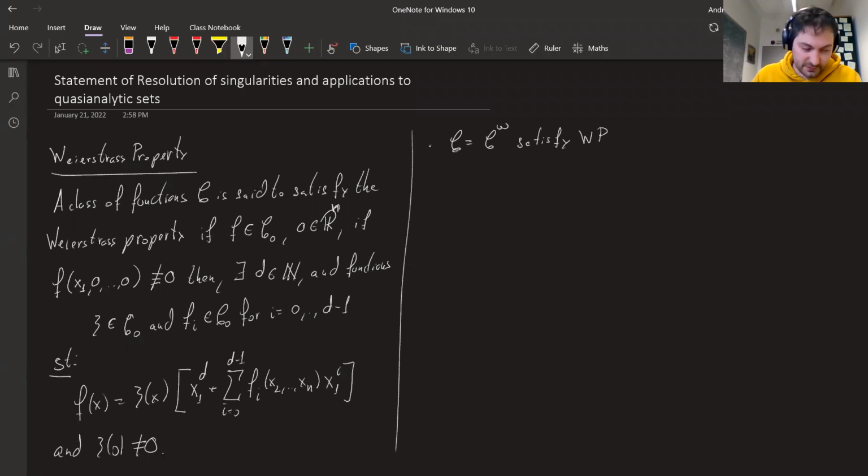This is the Weierstrass preparation theorem. And we also know that C infinity also satisfies the Weierstrass property, and this is Lagrange preparation.